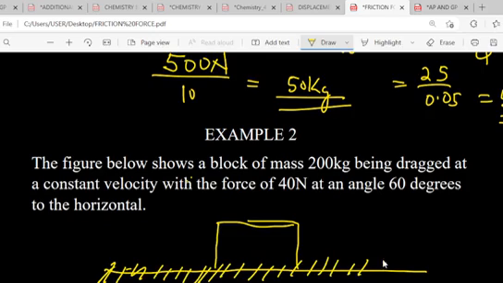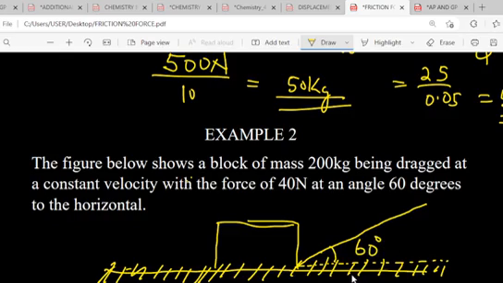It says the block is pulled at a constant velocity with a force of 40 newtons at an angle of 60 degrees to the horizontal. So this is the horizontal surface. Someone is pulling this block, but at an angle. So the angle made on the horizontal ground is 60 degrees.